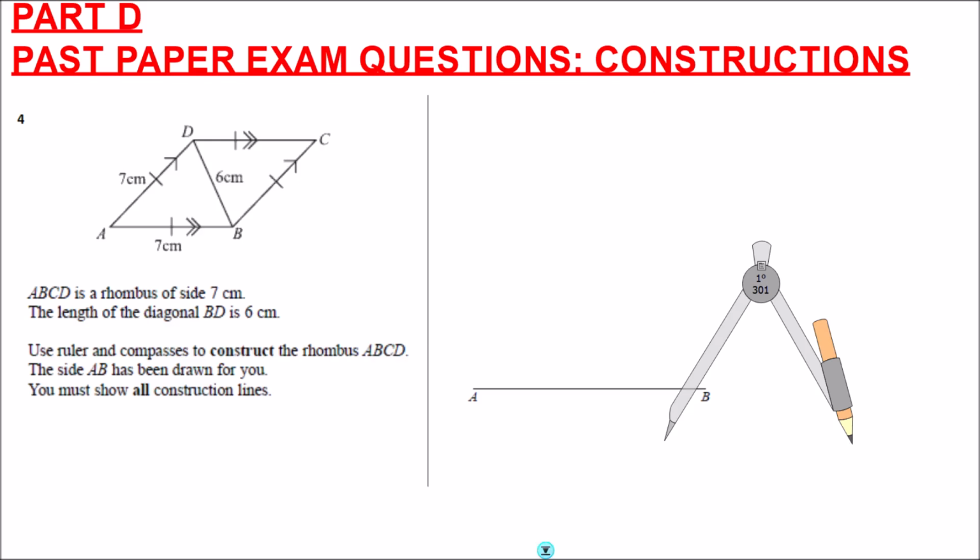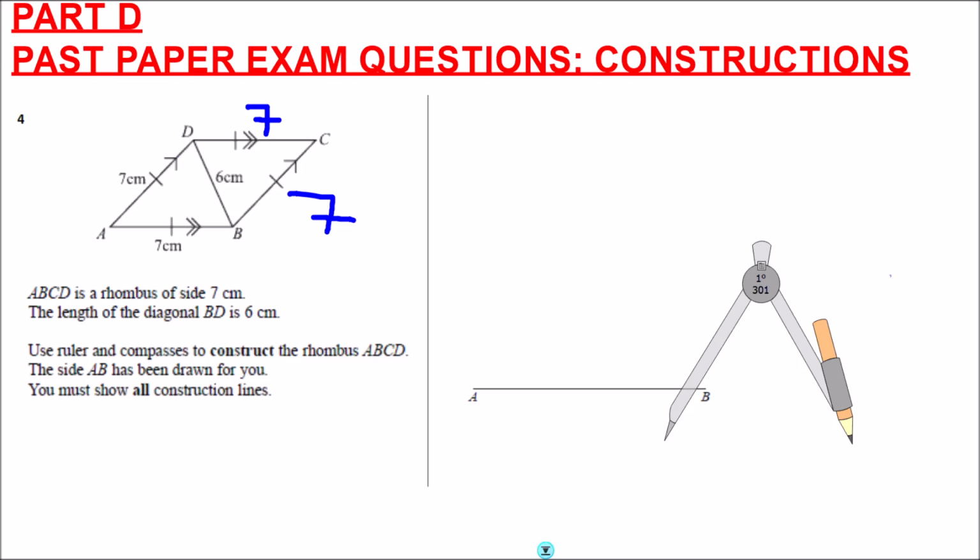So based on that fact, that will help us to deal with lines DC and BC, because these lines here will be 7 centimeters each. However, we're told that the line from D to B is 6 centimeters, and so we're also told that point D here is 7 centimeters from A, as well as being 6 centimeters from point B.